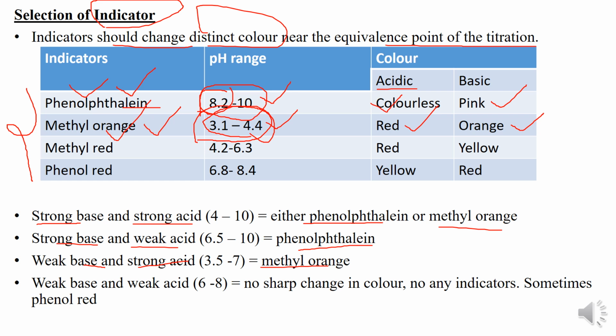In case of weak base and weak acid, there is no sharp change in color at the equivalence point, so no indicators are available. In some cases, phenol red is used as the indicator. So 4 to 10 pH and 6.5 to 10 here. This 4 to 10 means that in the pH range of 4 to 10, a sharp steep line is obtained in the titration curve. I will explain the titration curve.